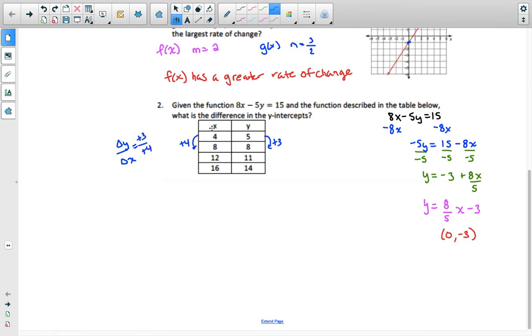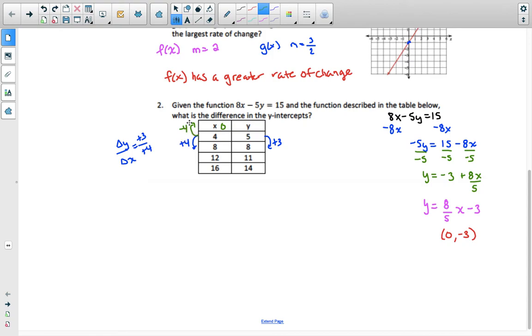So I need to get to the x value of 0. I need to go backwards from 4. So in order to do that, if I go backwards using this format, if I want to get to 0, I want to subtract 4 from the x. Well, that's the same number as our denominator, so we're going to use the same slope, but we're going to go backwards instead.